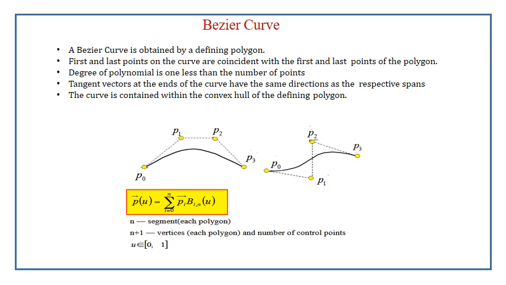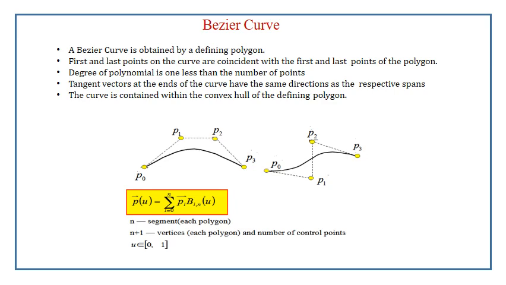If a polygon is represented by an approximation type of curve, we can get a Bezier curve, which is obtained by defining a polygon. In this, the first and last points on the curve are coincident with the first and last points of the polygon.